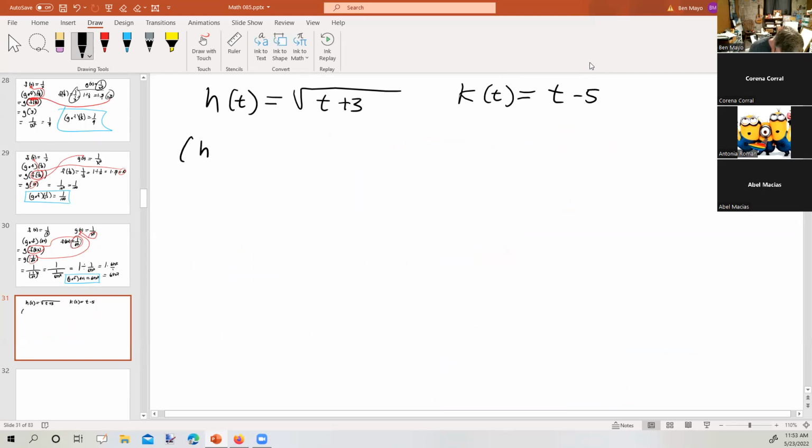Find h composed with k of 18. So h composed with k of 18 equals h of k of 18.